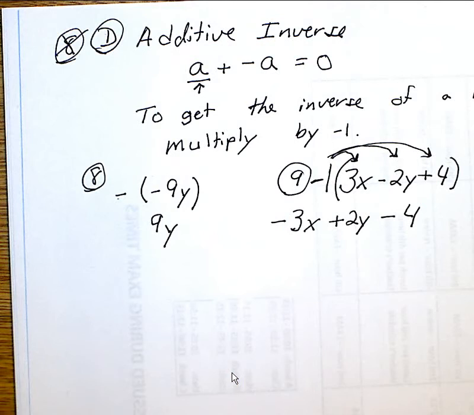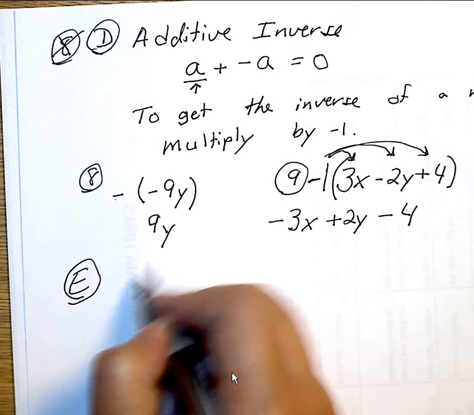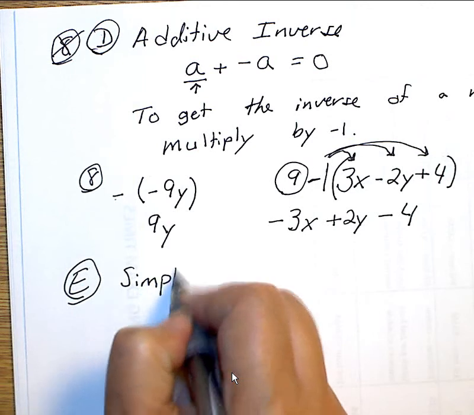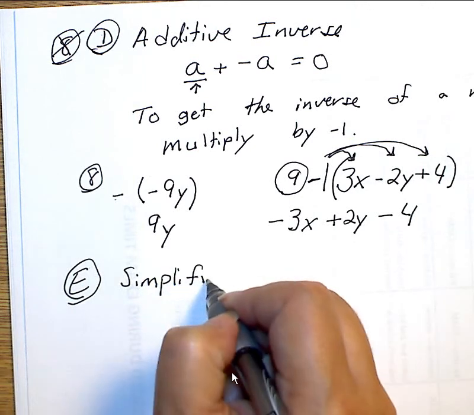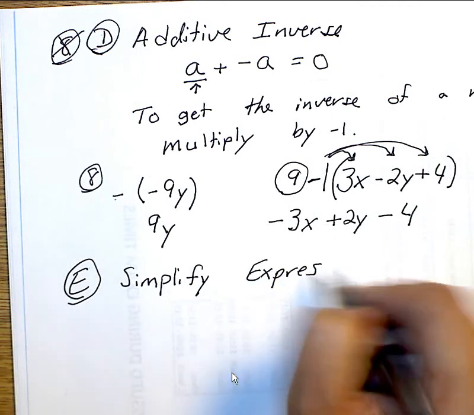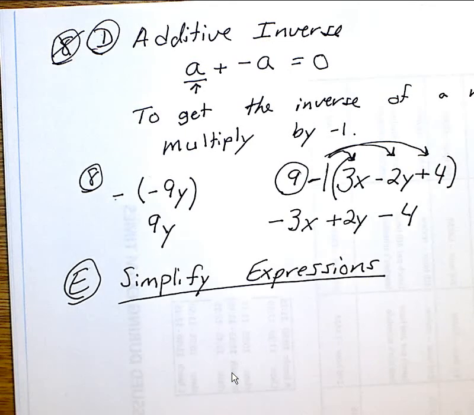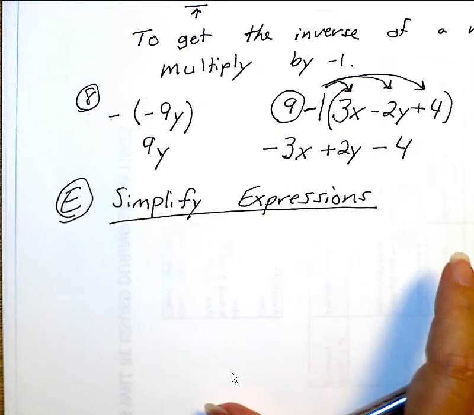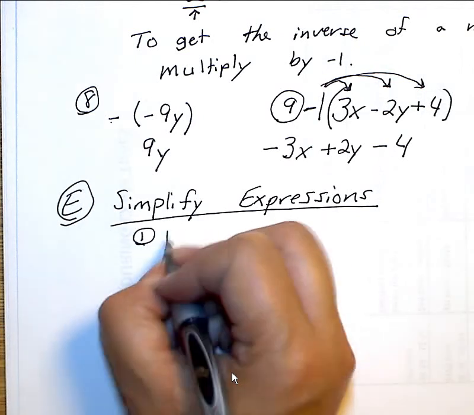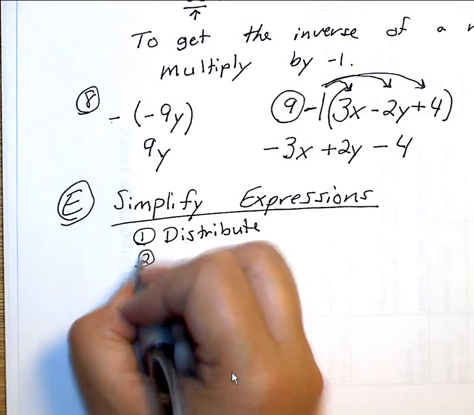And the last thing of this section is E, and it is called simplifying expressions. So in this section, a lot of times what you'll have to do is first distribute and then collect like terms.